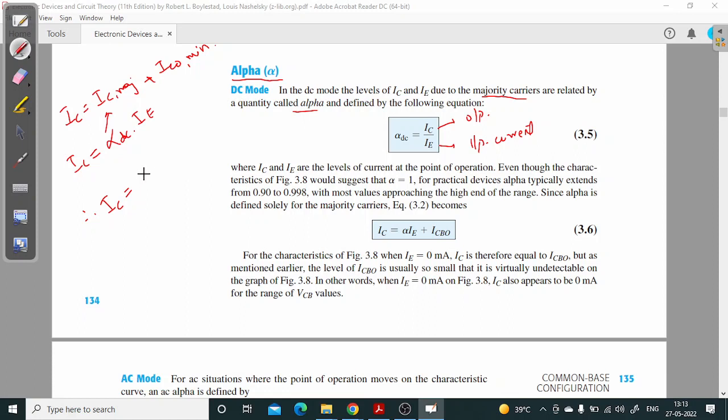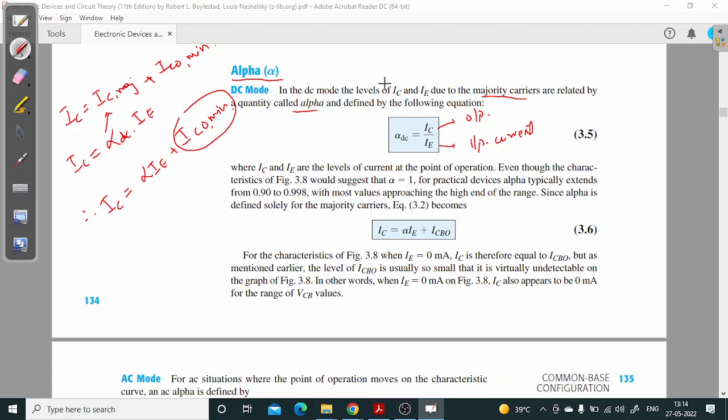So IC becomes IC majority, that is alpha IE, plus ICO minority. But this term can be neglected for almost all applications.